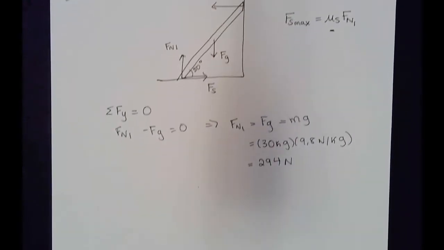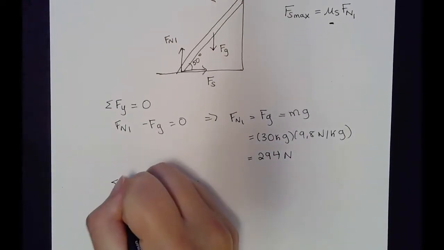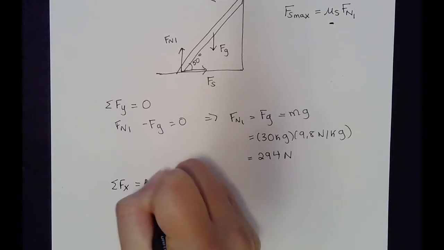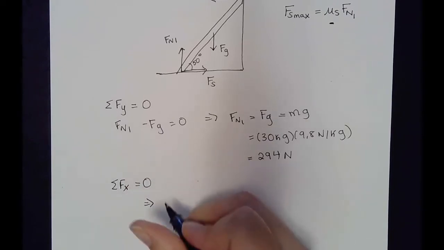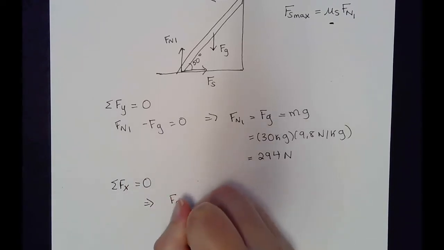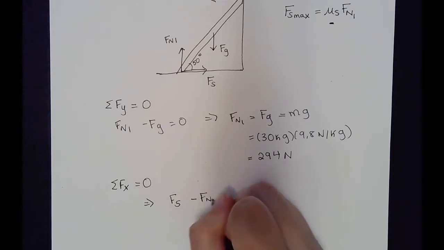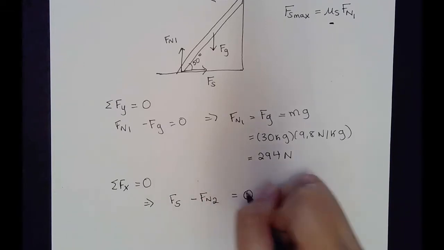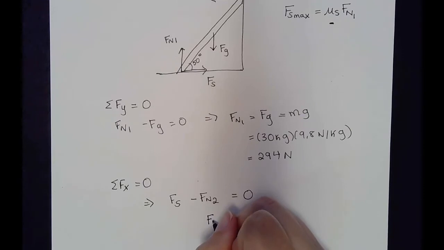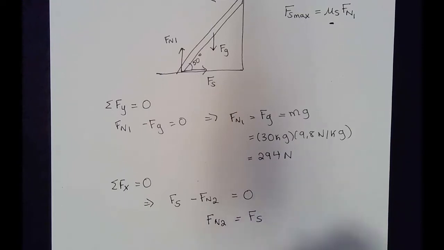Okay, and let's apply the same condition to the x direction. The net force in the x direction equals 0. So we have the force of static friction minus the normal force on the wall equals 0. So this tells us that the normal force on the wall is equal to that force of static friction, and we'll use that relationship later.